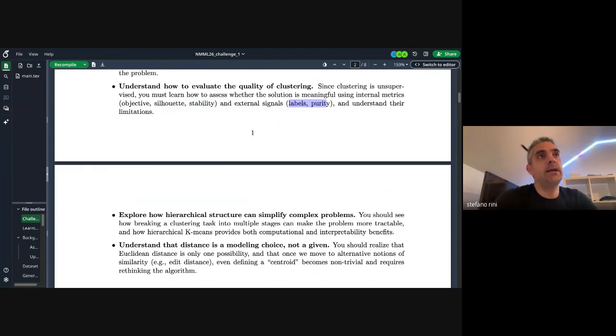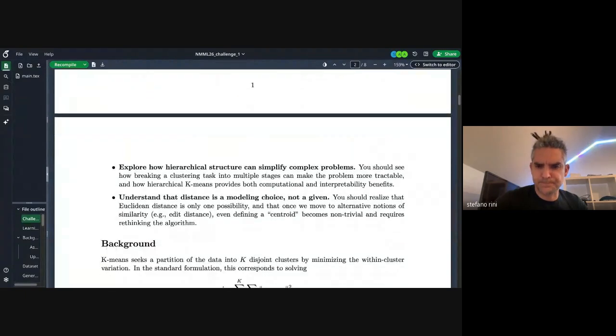We can check how many of a certain digit are present in the cluster, and say this cluster is a majority number 7. If I find any other digit which is not a 7, that's an impurity, and I can see the performance of my clustering algorithm in terms of correctly labeling the data.